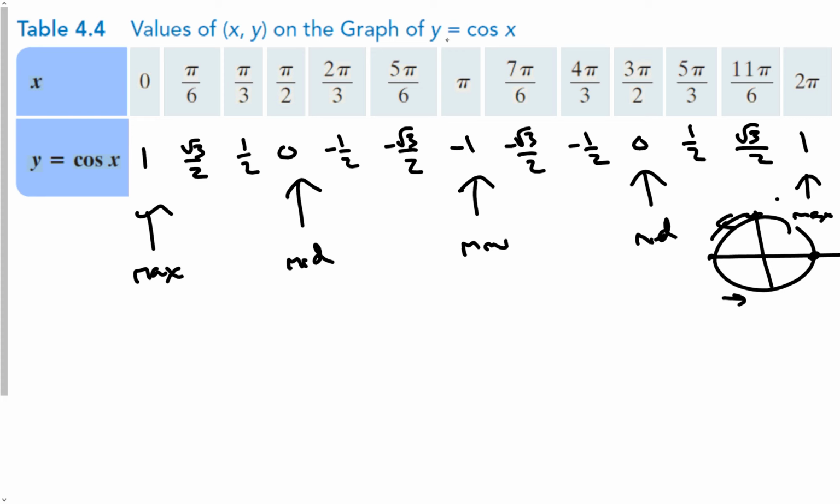Even though it says y equals cosine x, x is the angle, the cosine function spits out the x coordinate of that angle, and the y is just your output as you graph it.